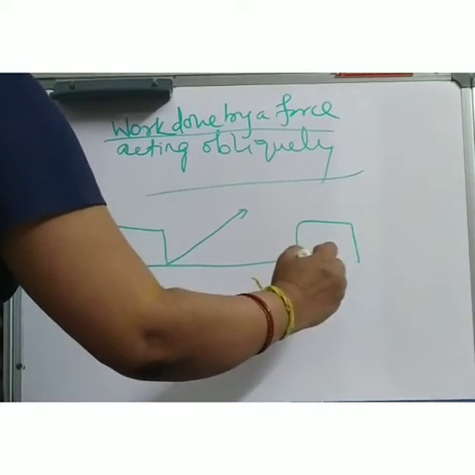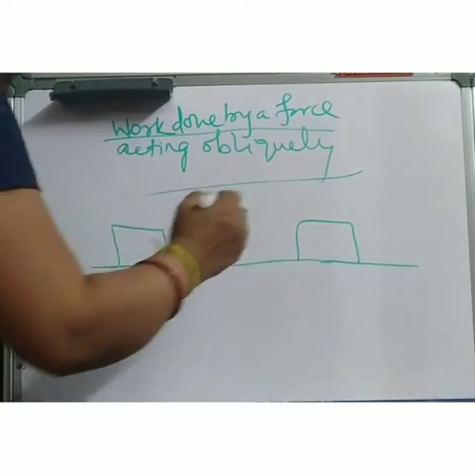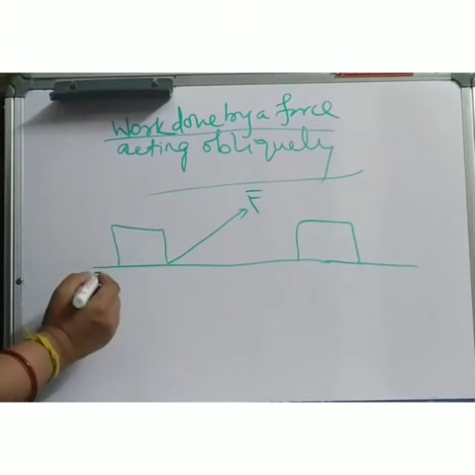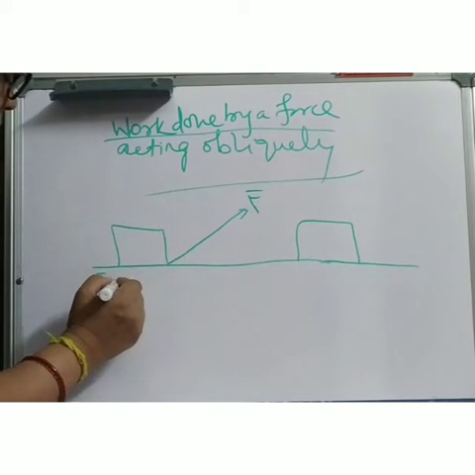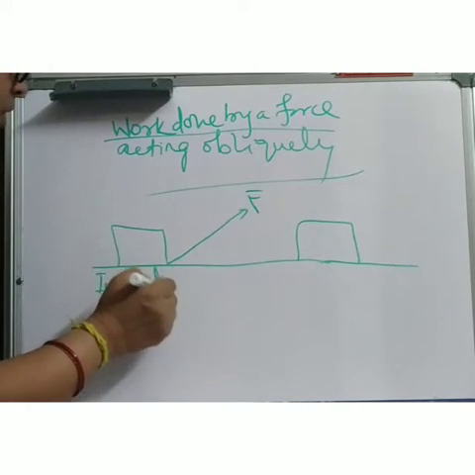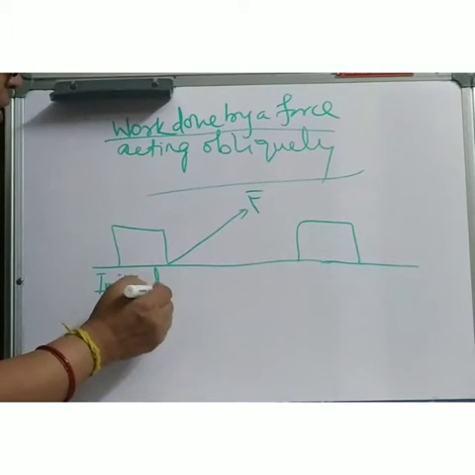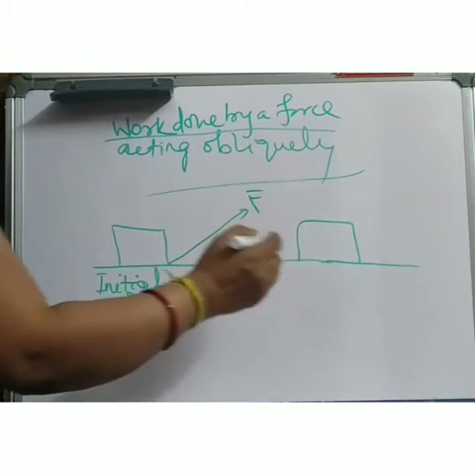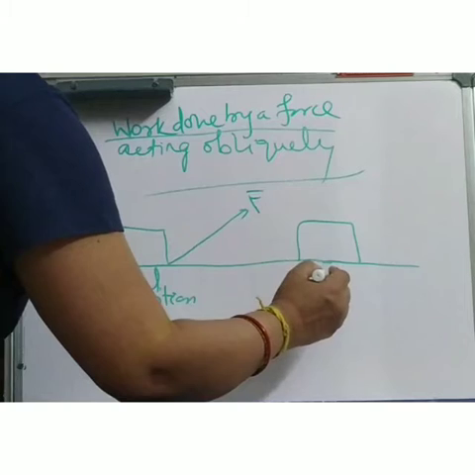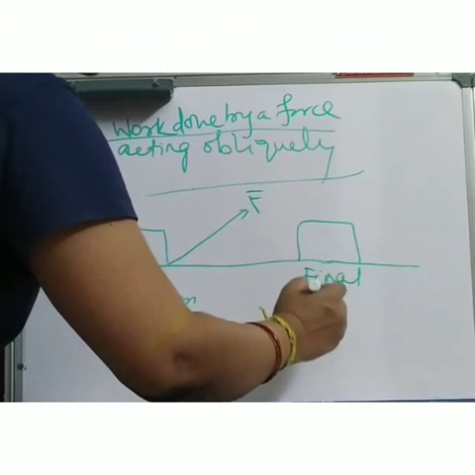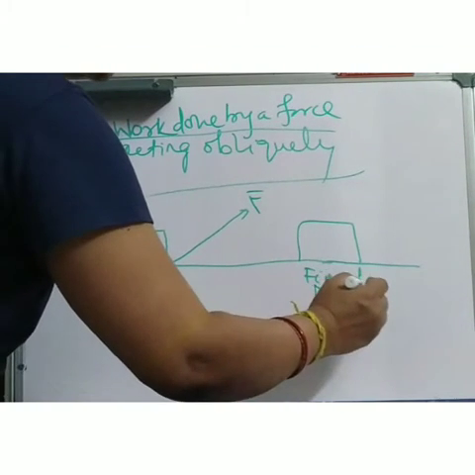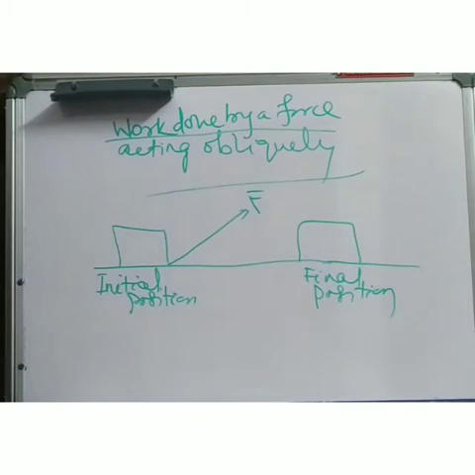Suppose at this point is the final position of the object. This is your force direction, this is the initial position of the object, and this is the final position of the object.